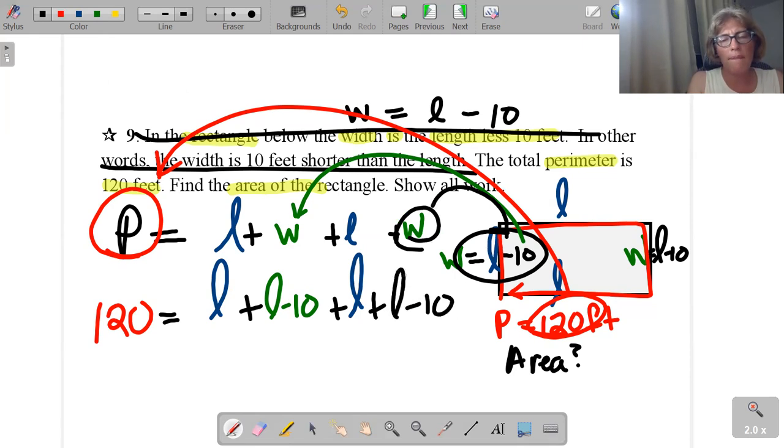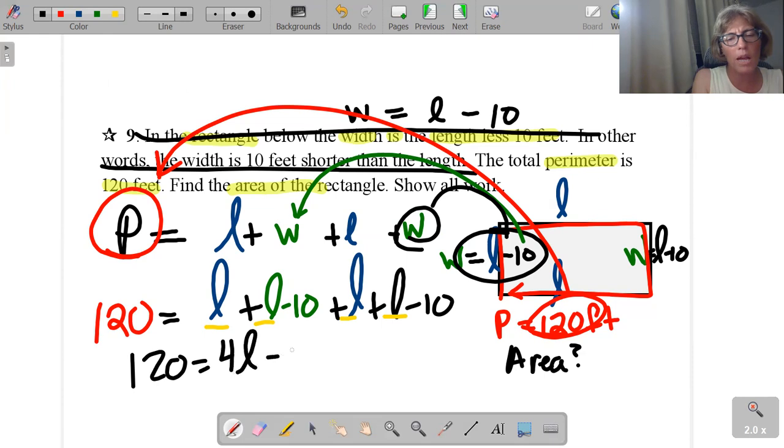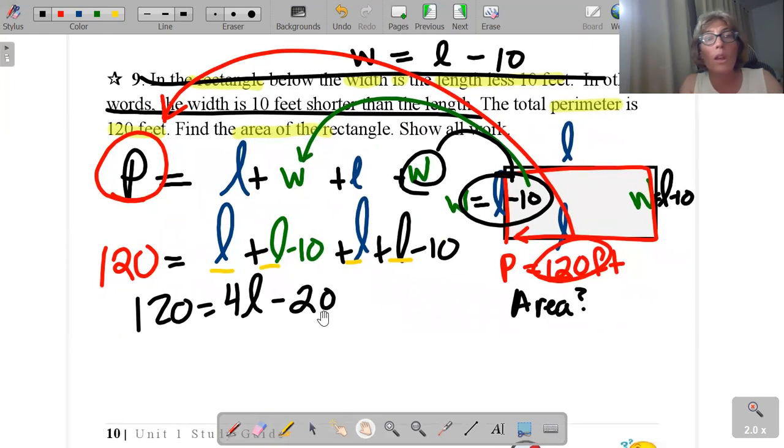Collect like terms. We have 120 equals 4L minus 20. You finish from there, solve for the length, and then solve for the width, and then solve for the area. Remember, your area must have units.